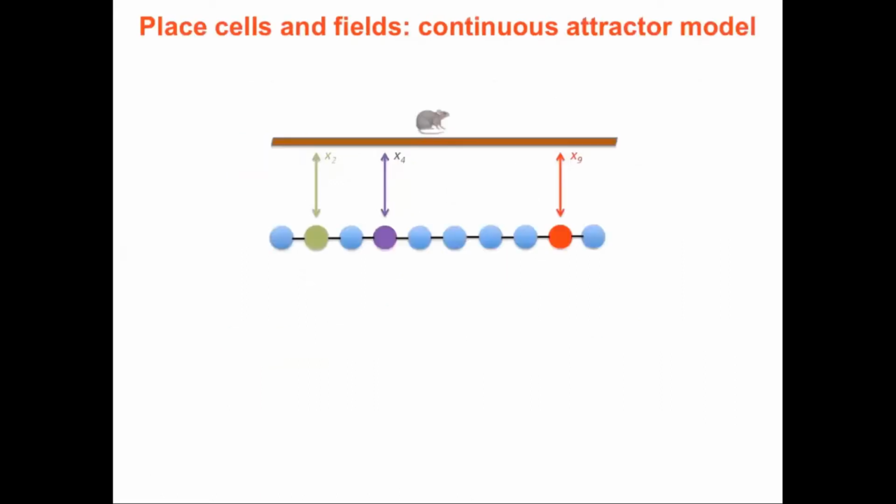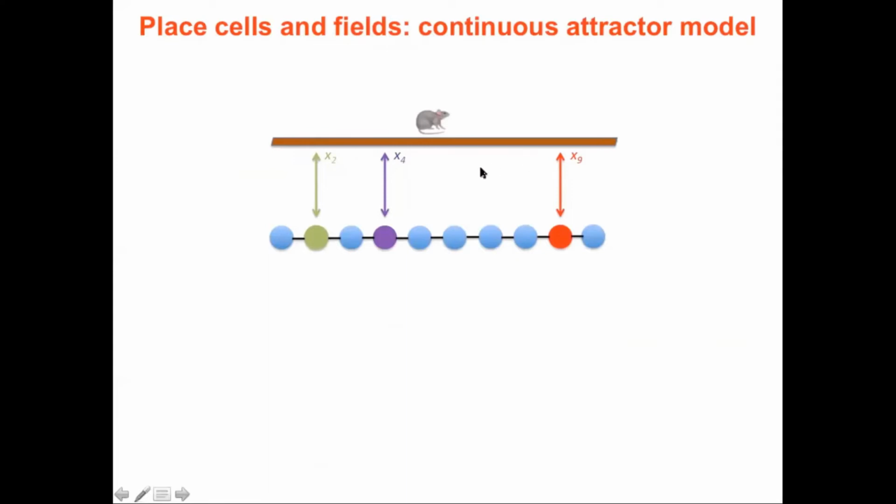Okay, so how can we actually build, let's say, the simplest model you can think of in order to get a continuous attractor having activities similar to these place cells here, which are experimentally measured? Then let us think about a one-dimensional environment, just to make drawing a little bit easier on the slides. So here is my environment, which is a one-dimensional corridor, and the rodent is actually moving from left to right along this corridor.